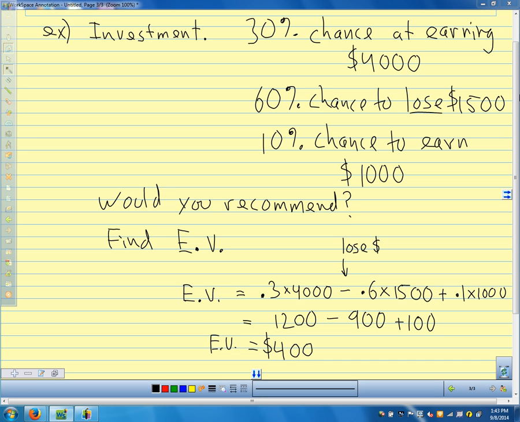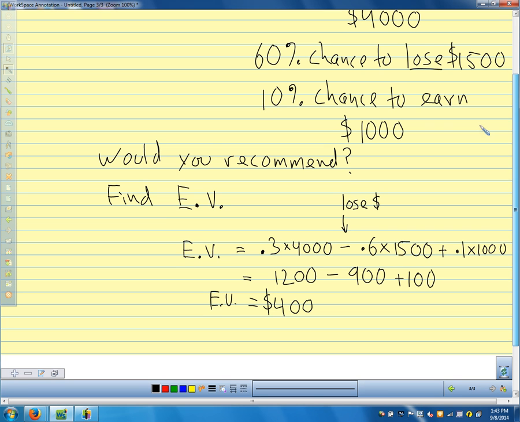But if you were investing $2,000 and you stood to earn $4,000, that's not terrible. 400 is a decent proportion of $2,000. So you could use this to make a choice. So the recommend part, there's not really a right and wrong answer, unless I definitely wouldn't recommend it if it was negative. If the expected value was 0 or negative 20, something like that, you'd expect to lose money.